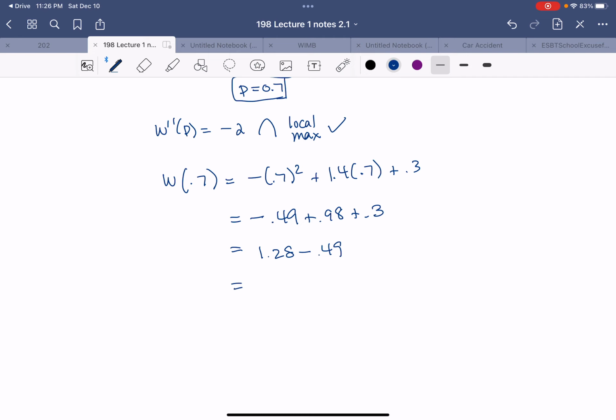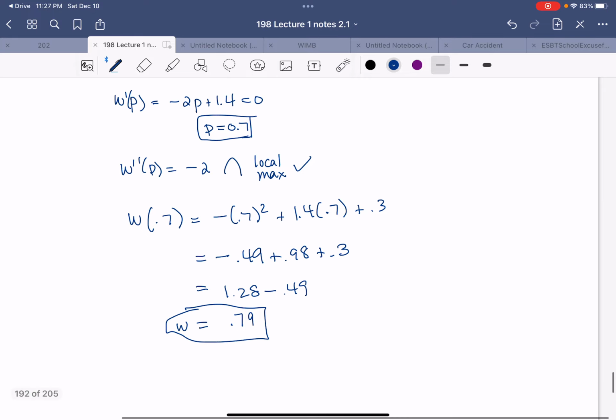So I'm subtracting half minus 0.1. So 0.79, I believe. Yeah, that looks right. So 0.79 is what I'm looking for.